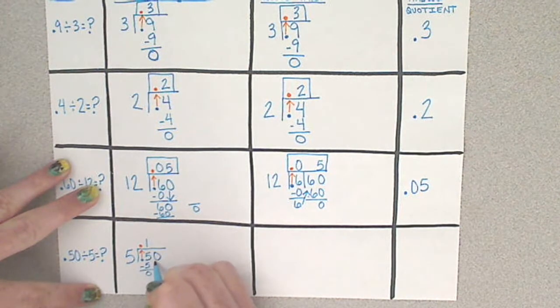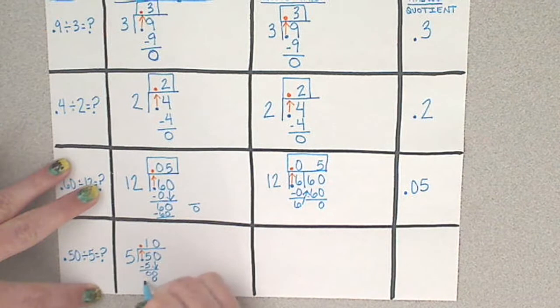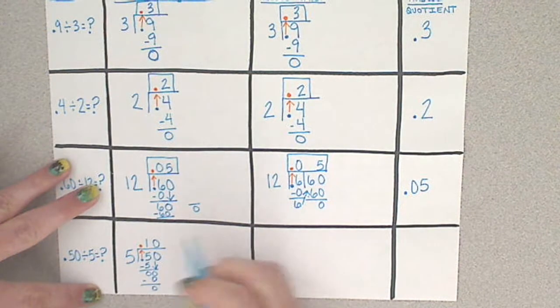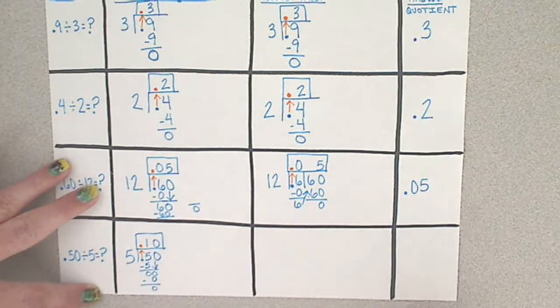Nothing is left over. Bring down my 0. 5 goes into nothing, no times. 5 times 0 is 0. Nothing left over. There's nothing to bring down and no remainder, so we have our final answer.